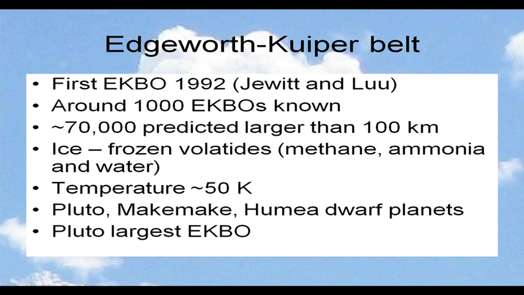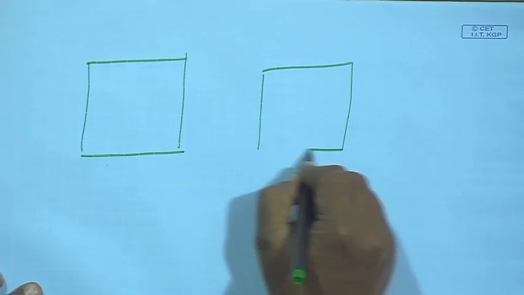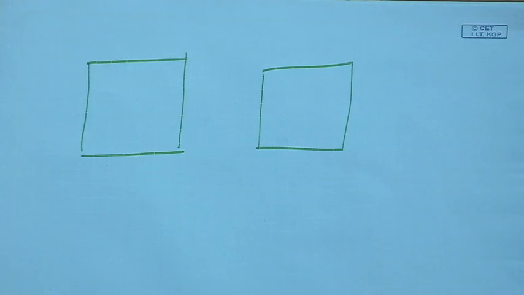the first such detection, the first Edgeworth-Kuiper belt object, was made in 1992 by Jewitt and Luu, and the technique used for such a detection is that of blinking. So, what is the basic idea there? You take pictures of the same part of the sky on two significantly different dates, maybe a year apart or more.